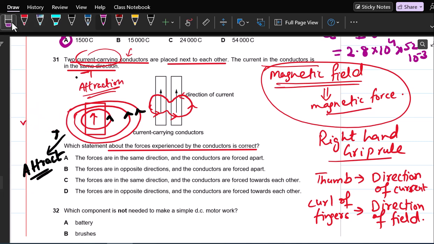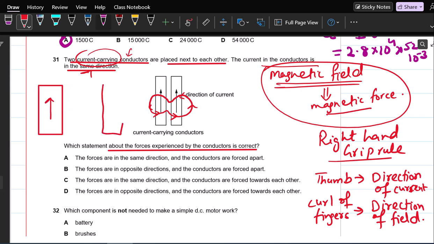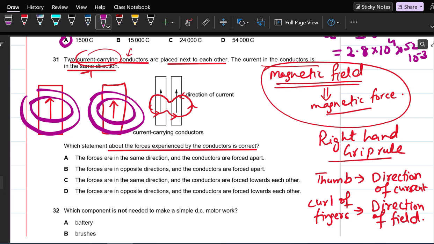It is a little tricky for students to understand this way. Otherwise, this is a very easy rule to understand what is happening. It is a straightforward question. This is one conductor, and here we have the other one. So the magnetic field is going to be like this, and the directions are like this, anti-clockwise.